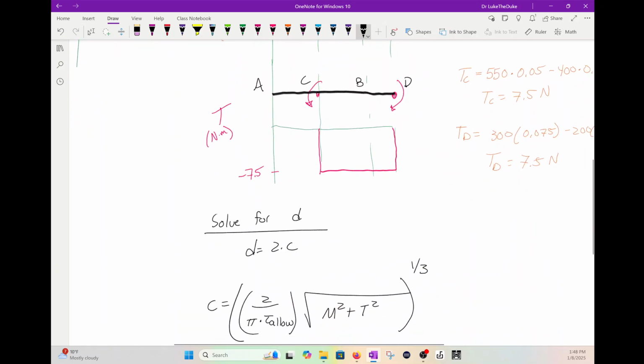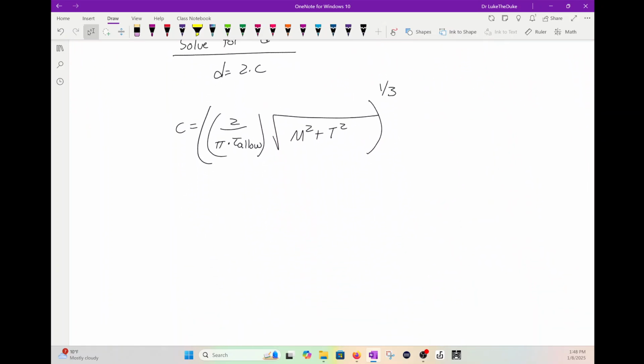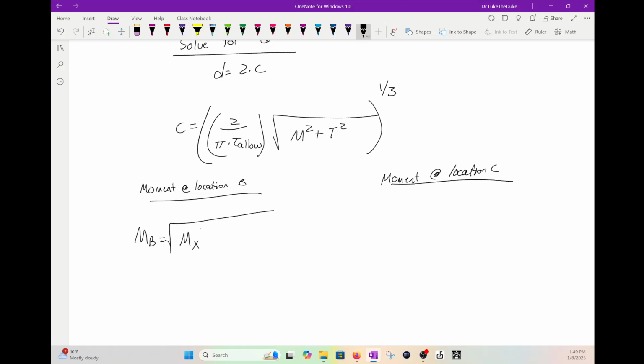So what we're going to do is look at 2 cases: the moment at location B and the moment at location C. So MB is the square root of Mx at B squared plus Mz at B squared. What we have is there is nothing here, but there's 75 here.